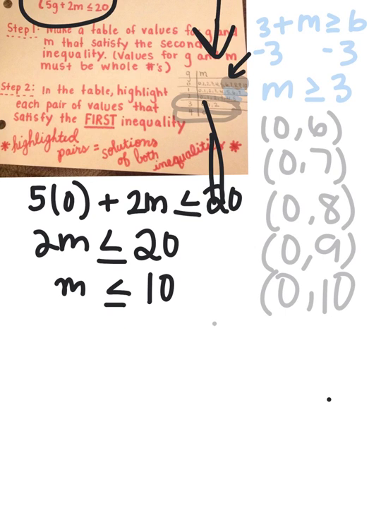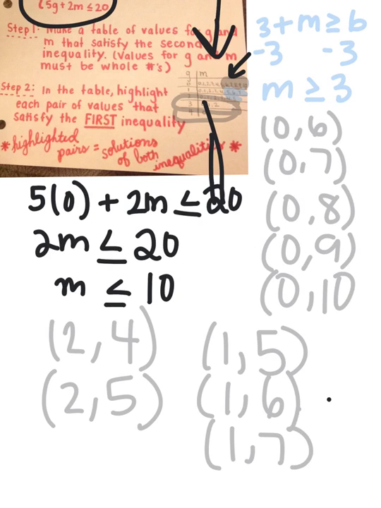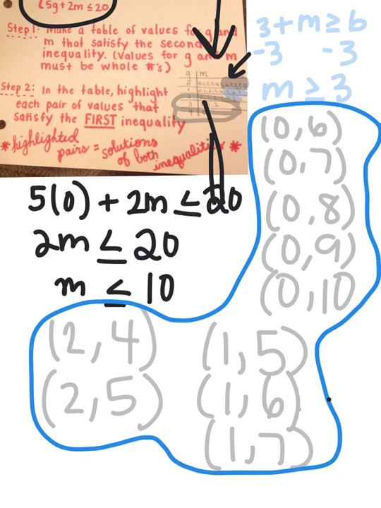So now I can include when g equals 1, I highlighted (1, 5), (1, 6), and (1, 7), and when g equals 2, I highlighted (2, 4) and (2, 5). So all of these ordered pairs that you see here, I'm going to circle them in blue, are the solutions to the system of inequalities that we started with.